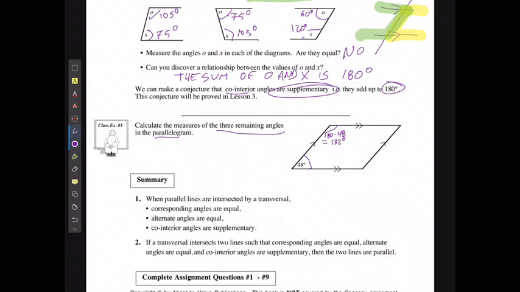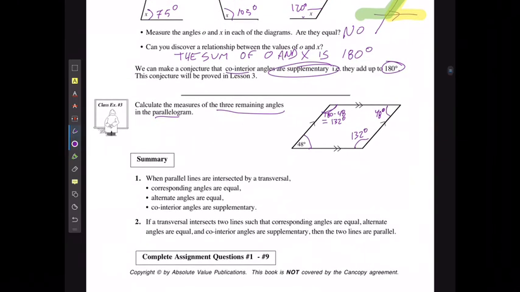If this angle and this angle have to add up to 180, well, if this one is 132, this one is going to be 48 degrees again, which means that this last angle has to be 132 again, just to make them always add up to 180 degrees.